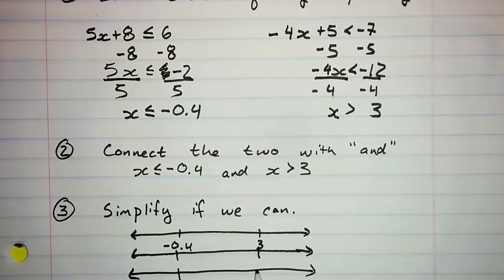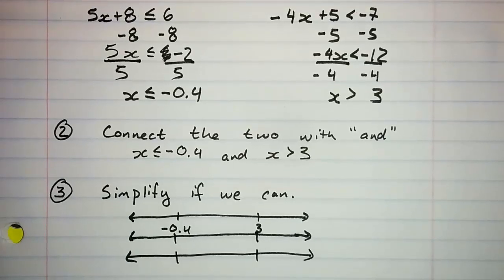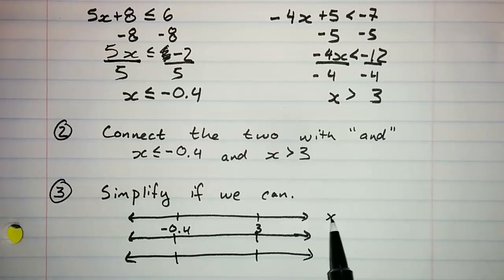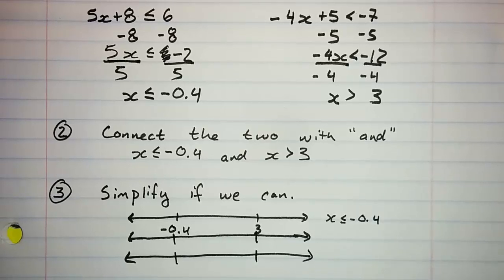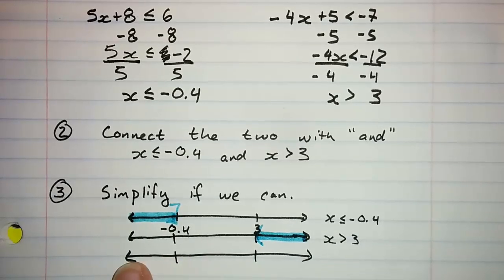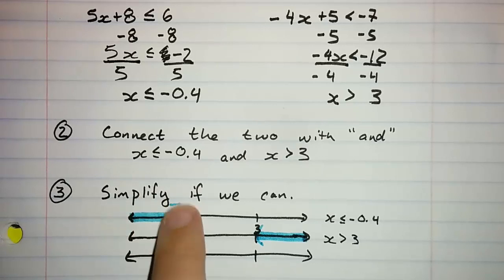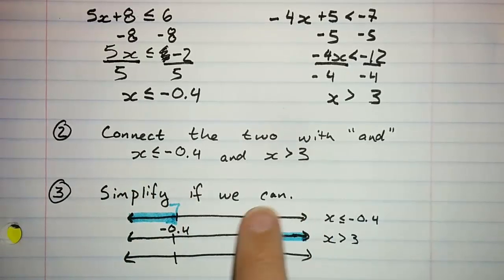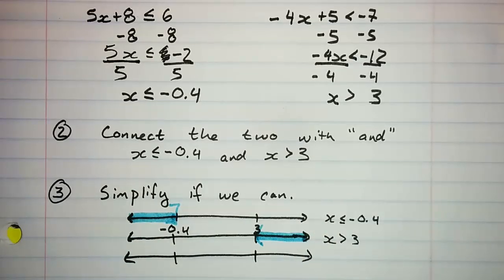I'm going to draw 3 number lines like this. First number line, I'm going to graph x is less than or equal to negative 0.4. That looks like this. On the second number line, I'm going to draw x is greater than 3. That looks like this. And on the third number line, I'm going to mark all of the points that are on this shaded bit and also this shaded bit.